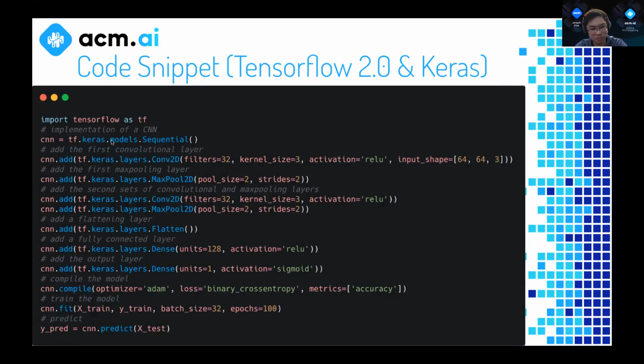First you add the first convolutional layer. We set the number of filters to be 32. The kernel size is just the dimension of your filter, so kernel size 3 here means we're using a filter of 3 by 3. And we're choosing ReLU as our activation function.